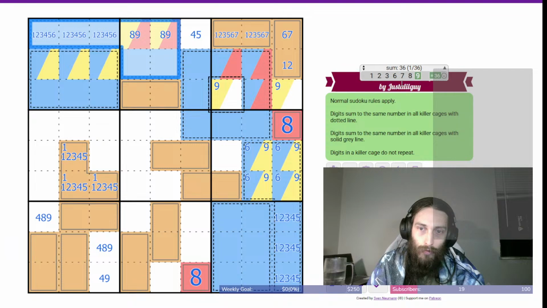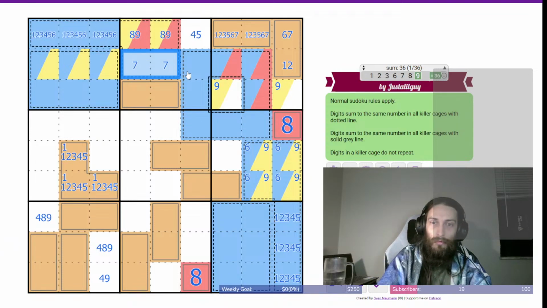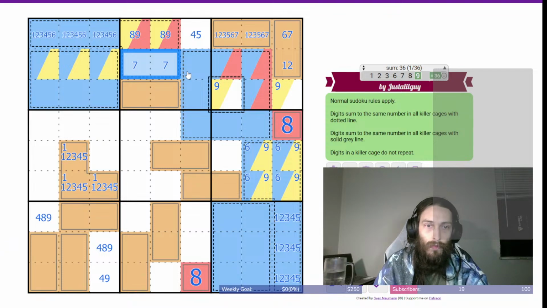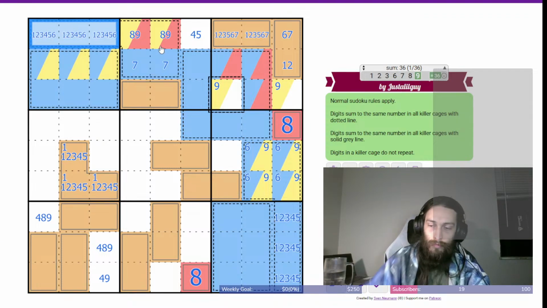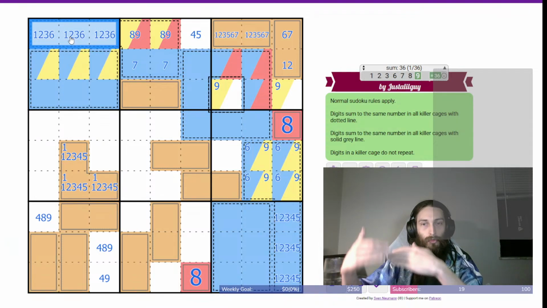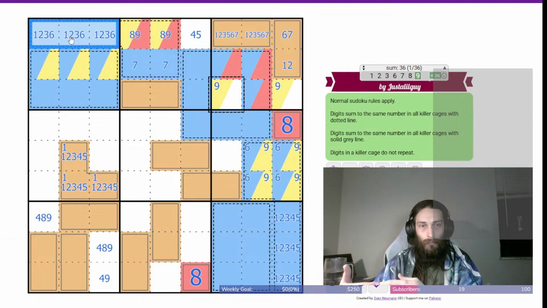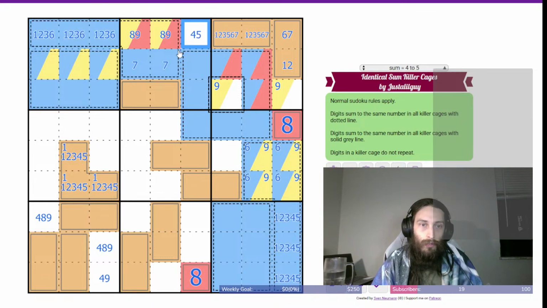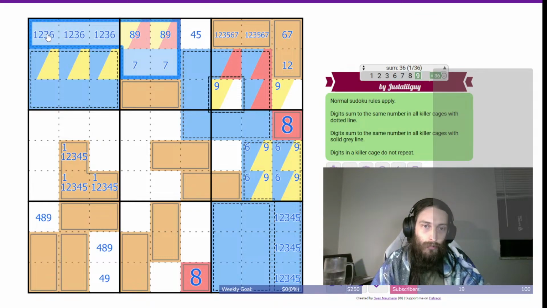So it must be missing both 4 and 5, because the missing pair sums to 9. So if it was not missing a 4, then it must also therefore not be missing 5, and this sees the entire box. So that's 1, 2, 6.